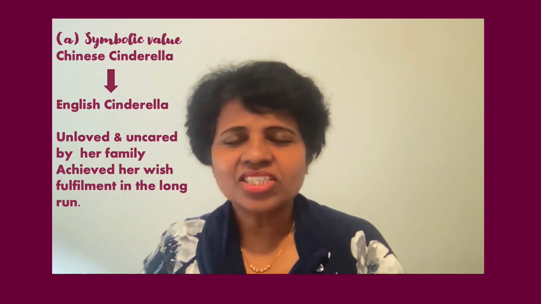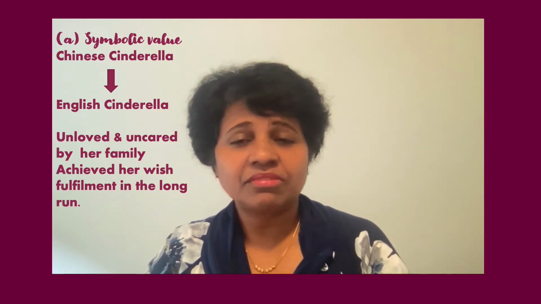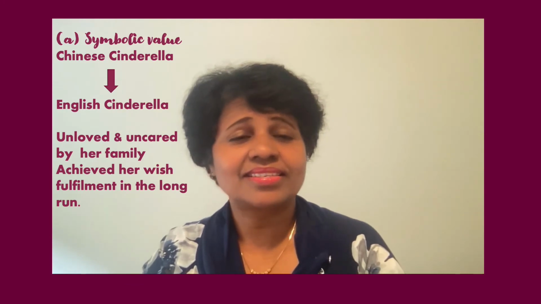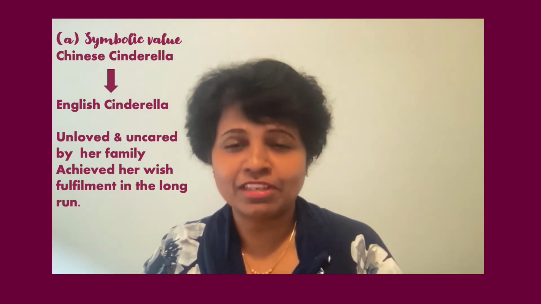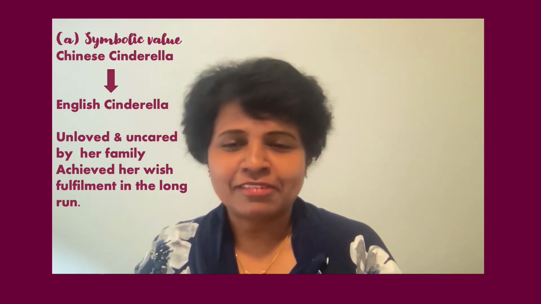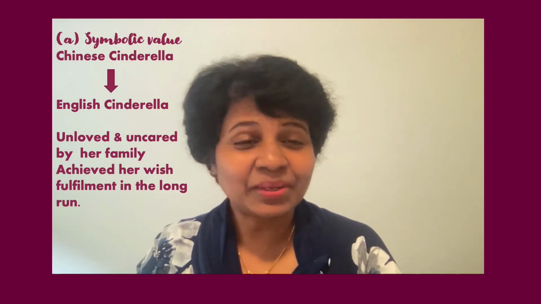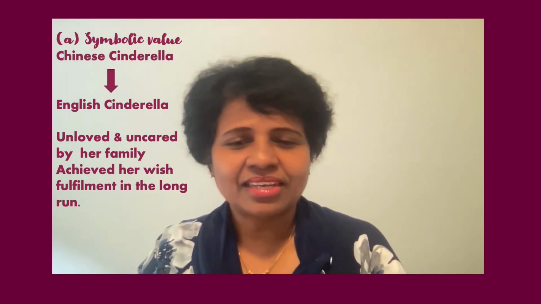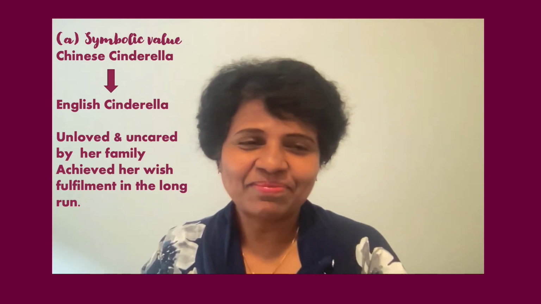On the other hand, Chinese Cinderella achieved her wish fulfillment as a successful educated individual, both as a doctor and as an author, while English Cinderella achieved her wish fulfillment by becoming a queen. Both are different types of achievements, aren't they?